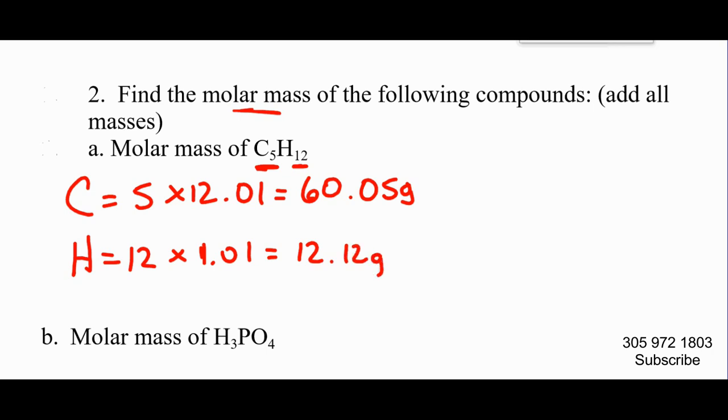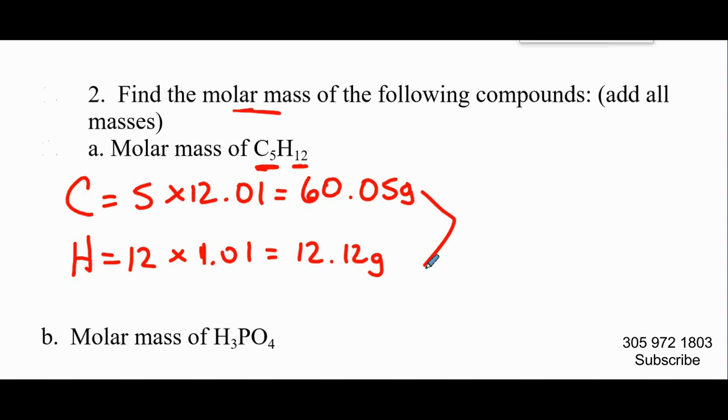12.12 grams. Molar mass, I will add all of the masses, add this up, and I end up with 60 plus 12.12. Okay, do your math. 60.05 plus 12.12, and I end up with 72.17.